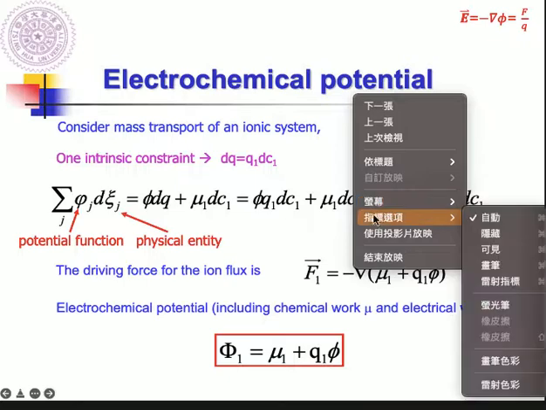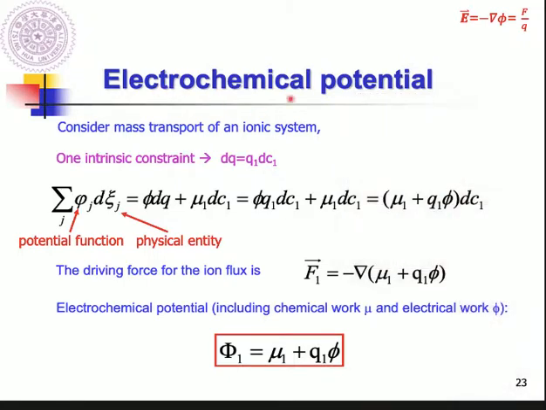Based on this term, you know that this potential needs to be modified. In the electrochemical potential, when mass transport happens in the ionic system, mass transport means the concentration of the ion changes, right? Because diffusion happens, there's a mass transport of these positive ions.